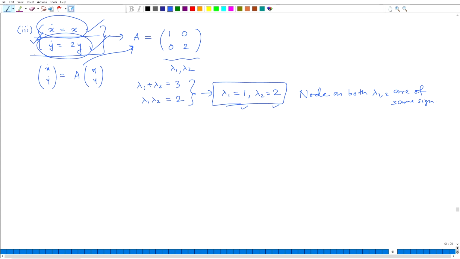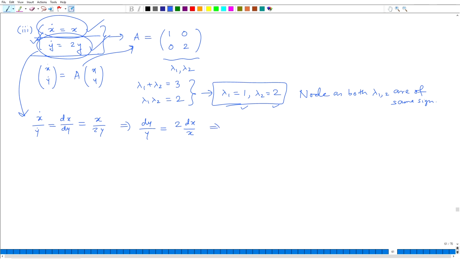Or another thing I can do, just to show you another possibility, is x dot by y dot, that will be equal to dx by dy, and that will be exactly equal to x by 2y. So, in this problem you will have that dy by y is equal to 2 dx by x.